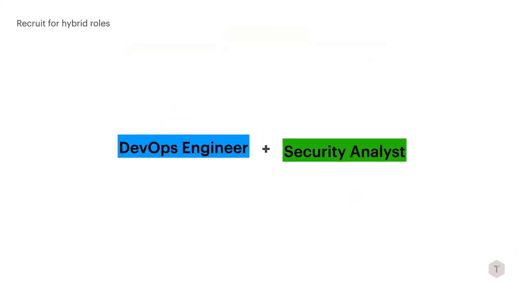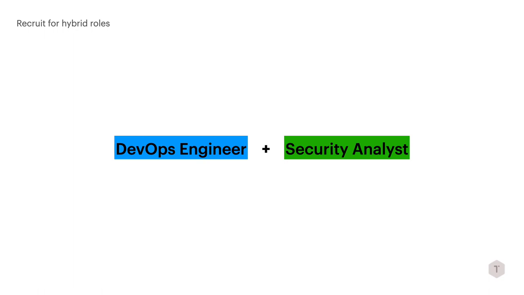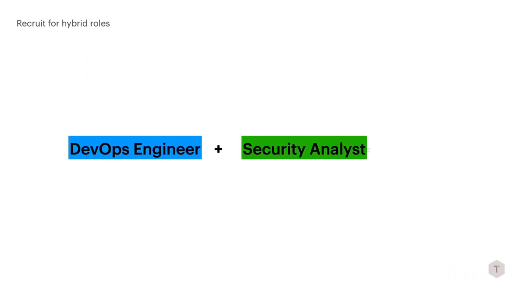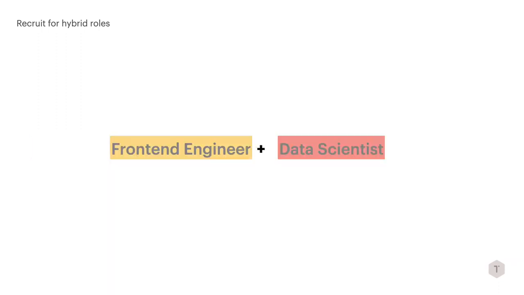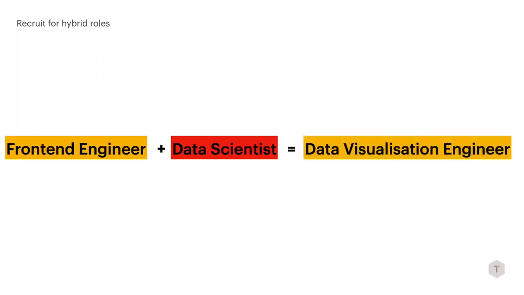For instance, a role that requires both DevOps engineering, that is, the management of servers using programs, and security analysis, that is, protecting data from being stolen, is also called DevSecOps. Or if you combine the skills of a front-end engineer with some data science, then you could get a data visualization engineer who specializes in visualizing data in graphs.